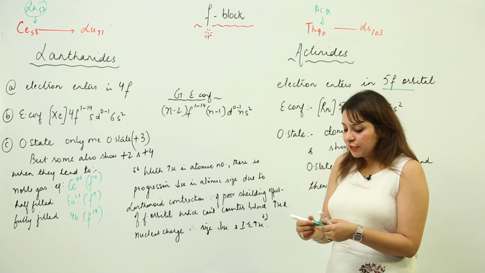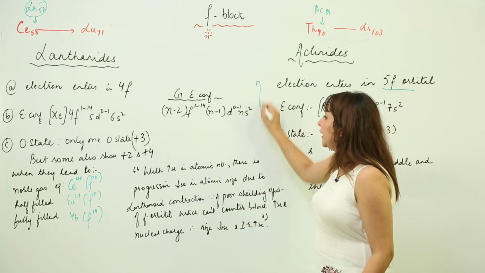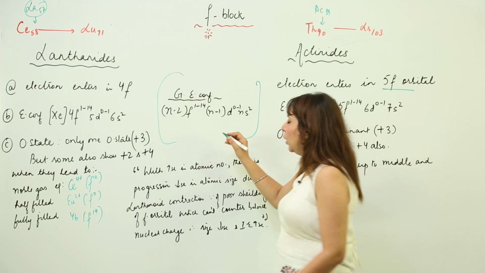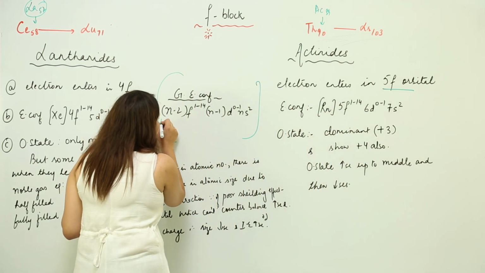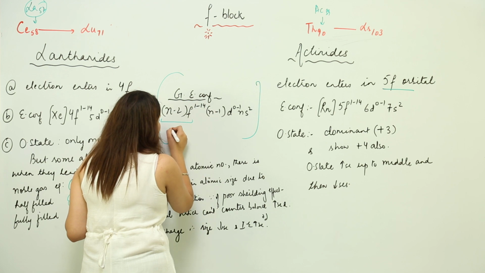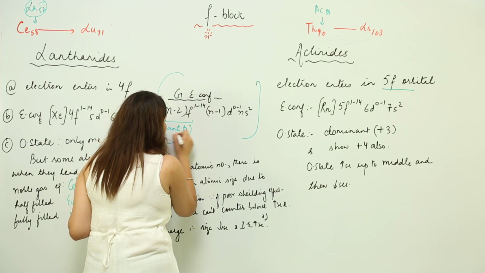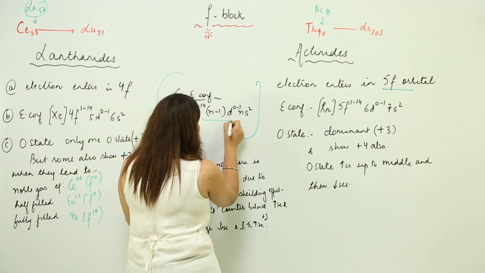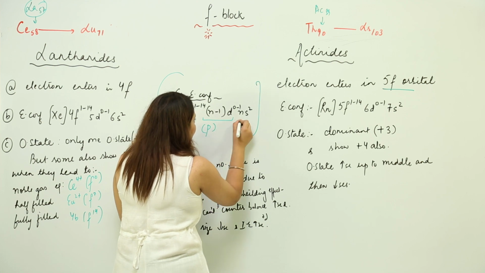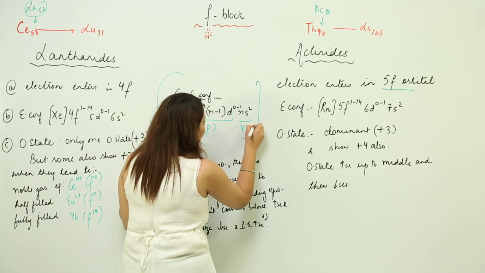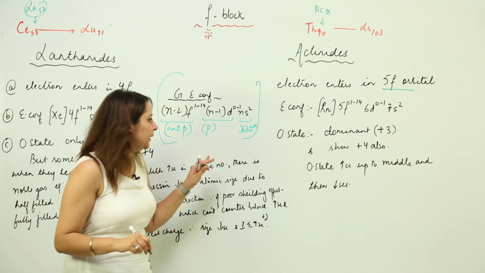And if we talk about their general electronic configuration, it is going to be somehow like this. That is (n-2)f ranging from 1 to 14, that is the anti-penultimate shell, followed by the penultimate shell, and then the valence shell, or you can say the outer shell, the final shell.